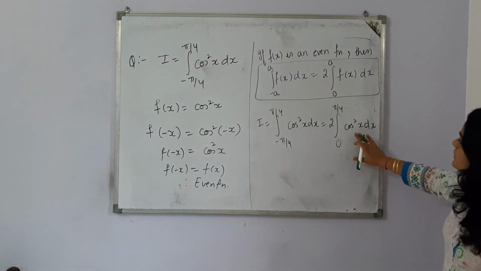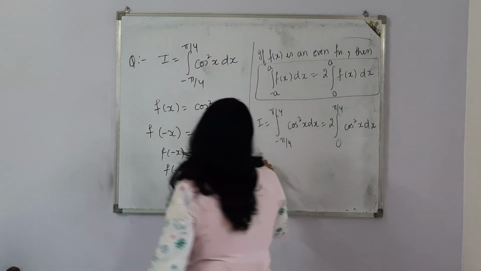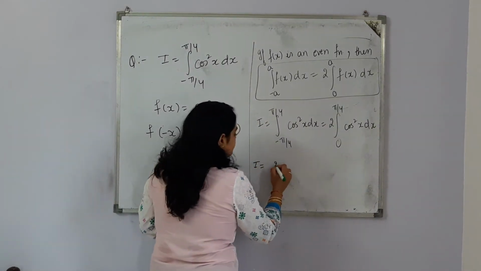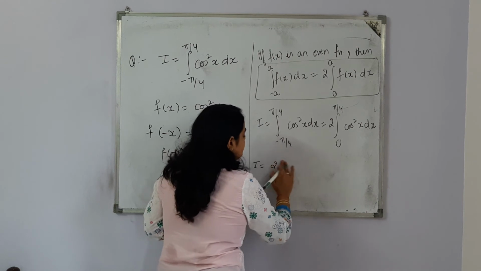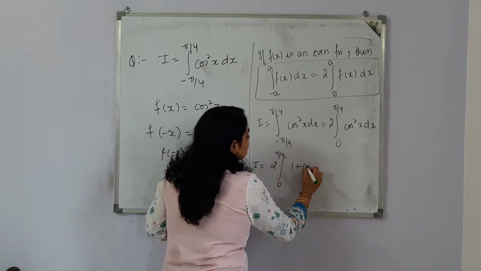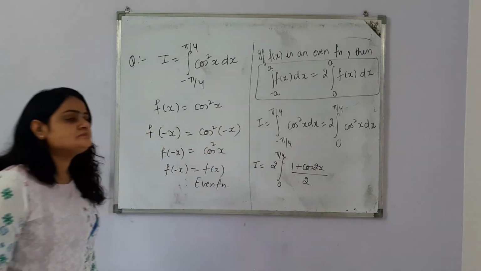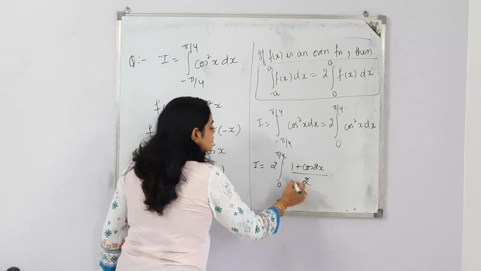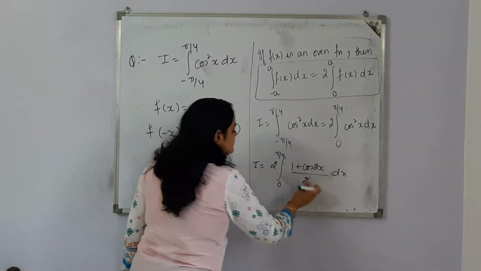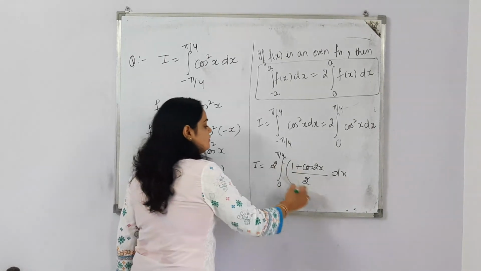Now we know the formula for cos square x is 1 plus cos 2x upon 2. Because the half is a constant, it can come out, and 2 will cancel out with 2. I have 1 plus cos 2x.